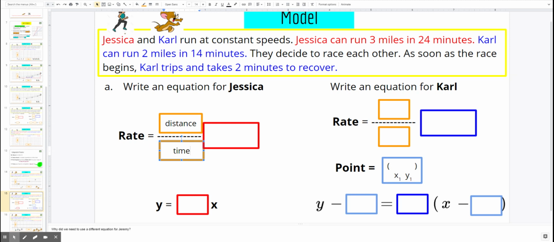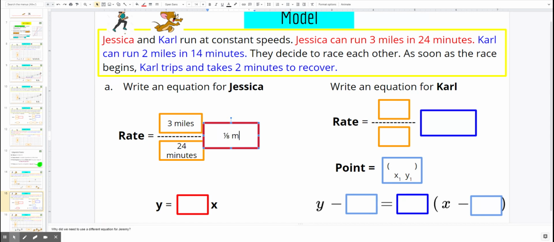like miles per hour. So for example, Jessica can run 3 miles in 24 minutes. So her rate is 3 miles in 24 minutes. We can simplify that because both of those are divisible by 3. So 3 divided by 3 is 1, and 24 divided by 3 is 8.